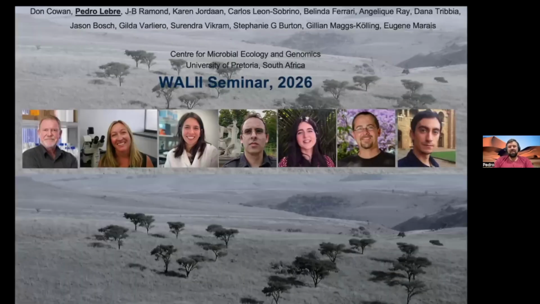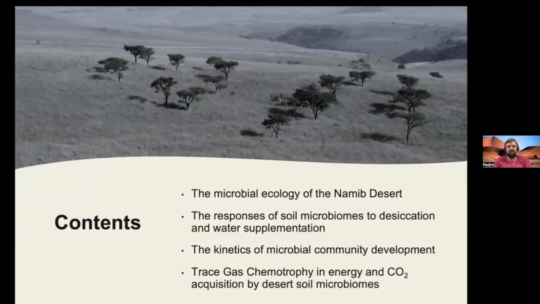So my presentation is going to focus on four different areas. But before I actually talk about science, I'm going to explain a little bit about why we think the Namib Desert is important as a biome to study.